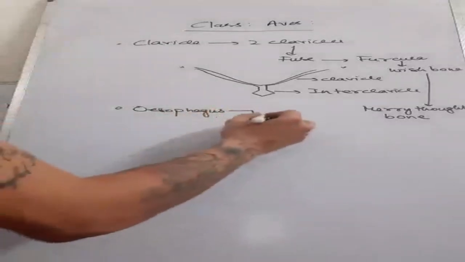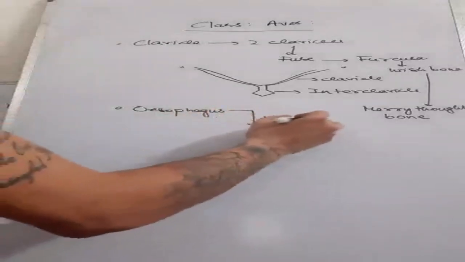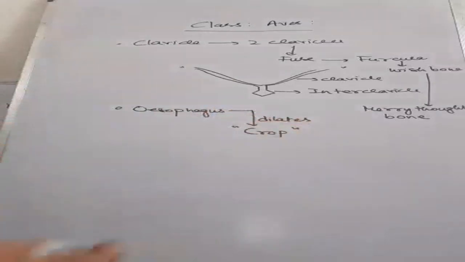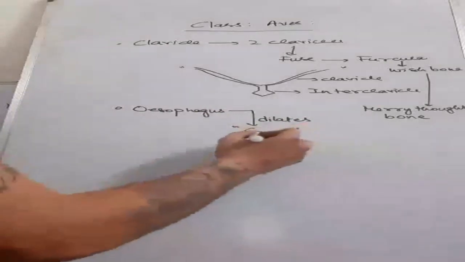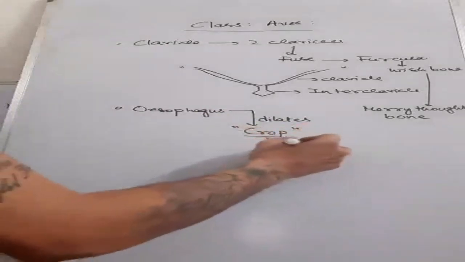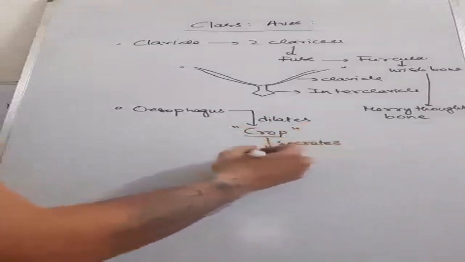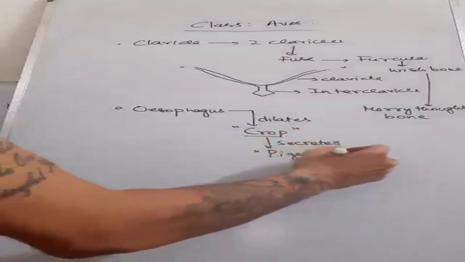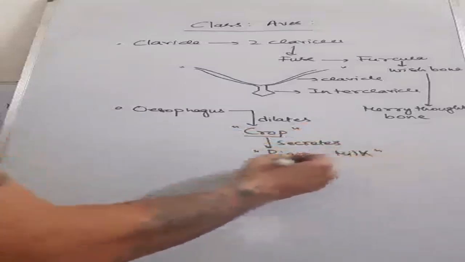This esophagus dilates and forms the crop. Now this crop is a very unique structure in birds. Why? Because this crop secretes pigeon milk.